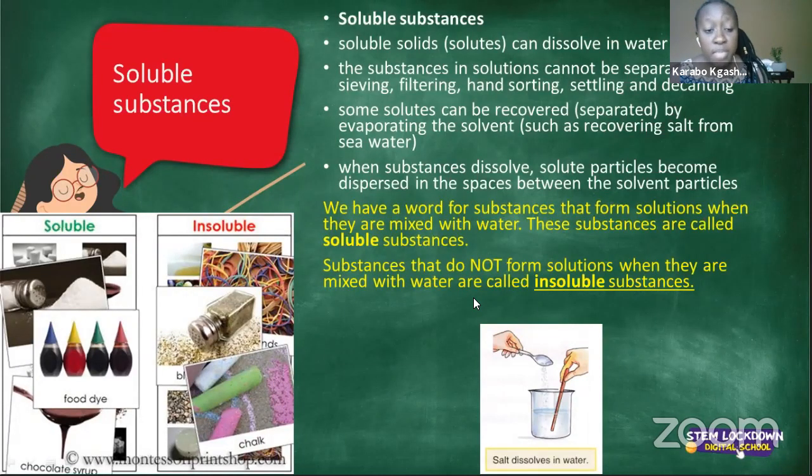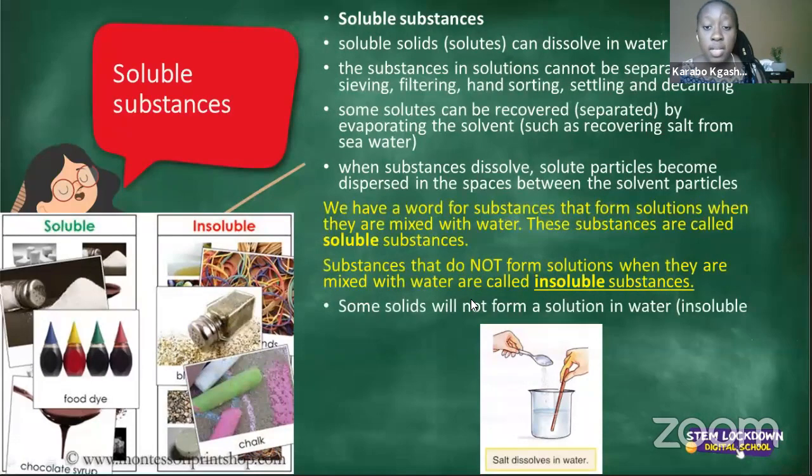So if something does not dissolve in water, it is called insoluble. If it dissolves in water, it is called soluble. And lastly, some solids will not form a solution in water, which makes them insoluble solids. Excellent. Let's move on.